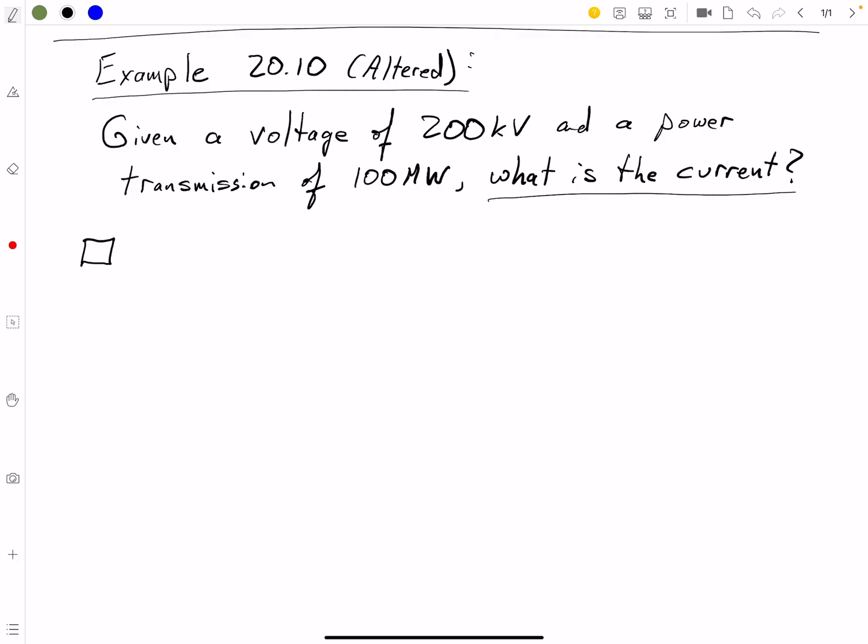Here's where we're generating our AC power, and the wire goes out to the big, huge tower, and then to the next tower, and so forth, all the way to a transformer in your neighborhood.